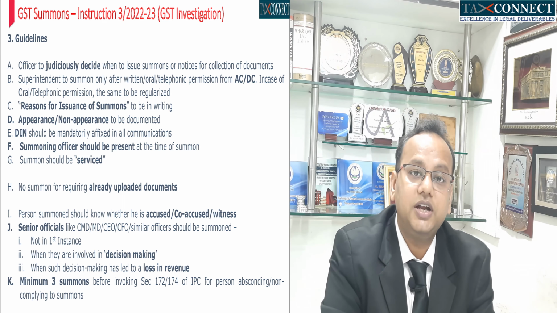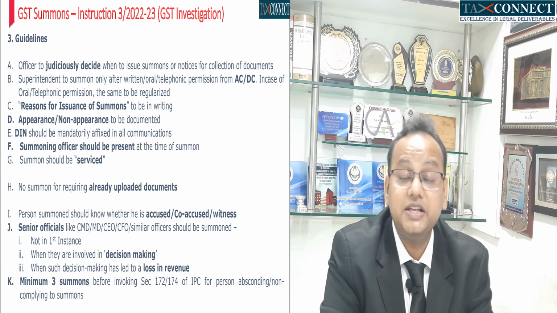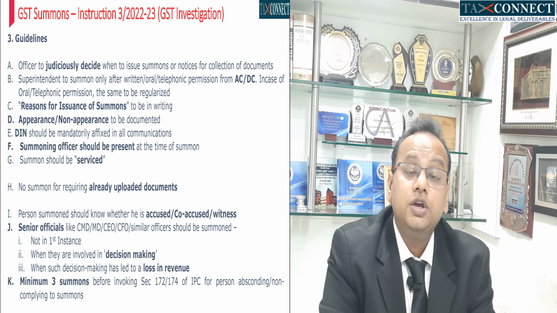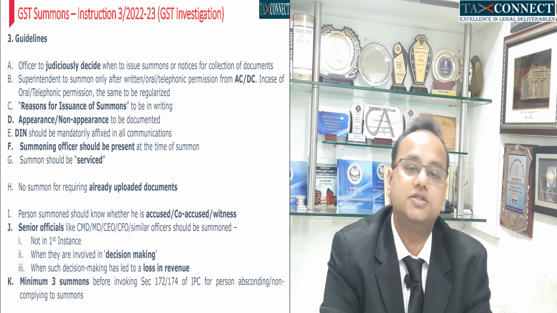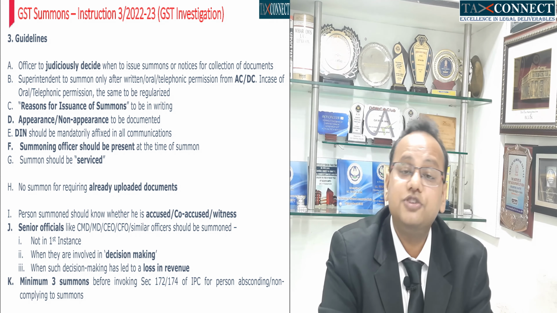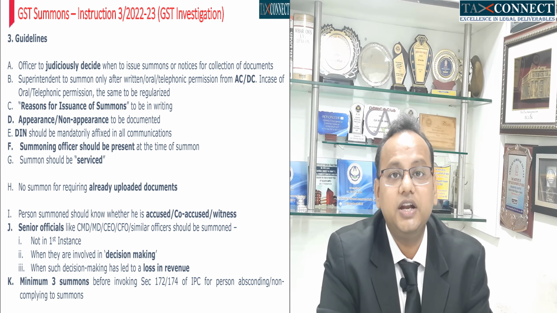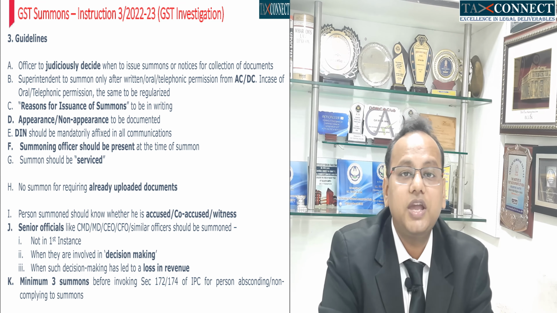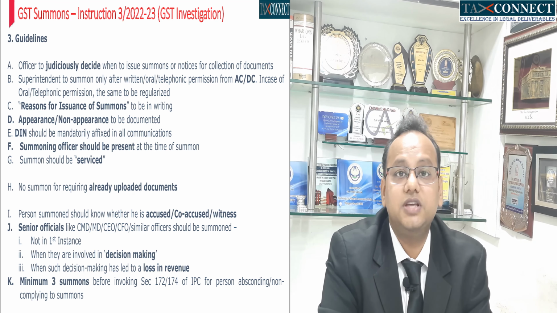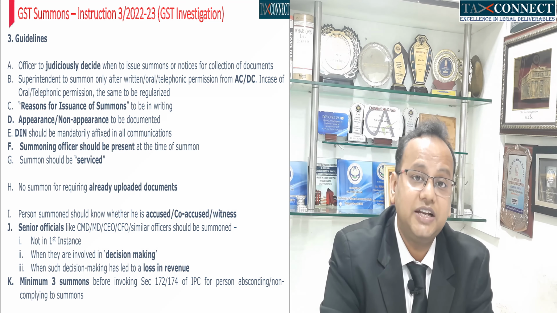Last and most important is top officials like CMD, Managing Director, CFO, CEO, and such officials should be summoned only after due compliance of 3 conditions. First, they should not be summoned at the first instance. At the first instance, an accountant or a tax official of the company should be summoned who can provide proper evidences, information and documents with which the officer can be satisfied.